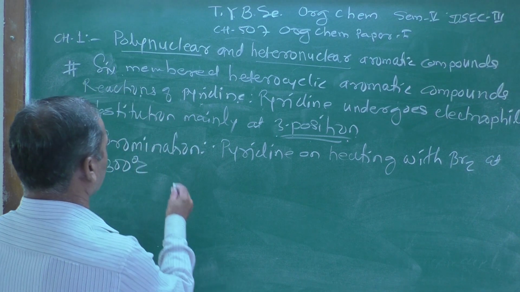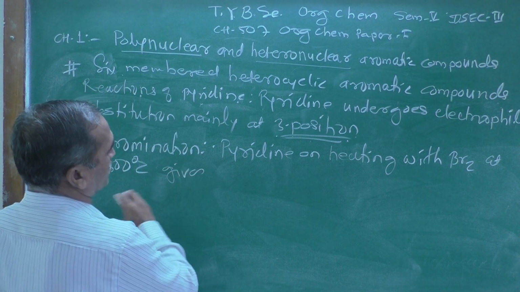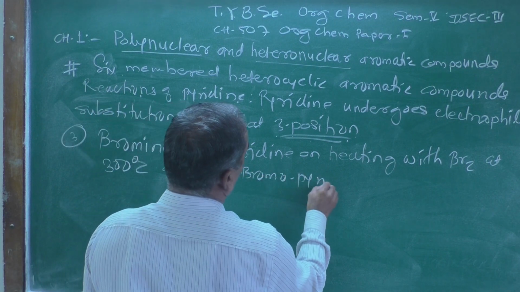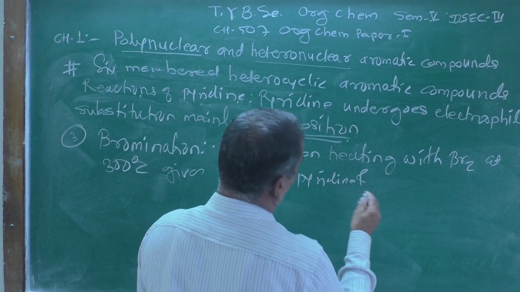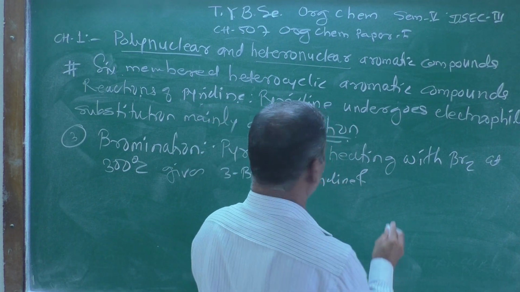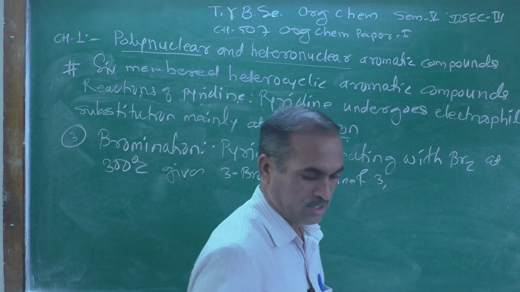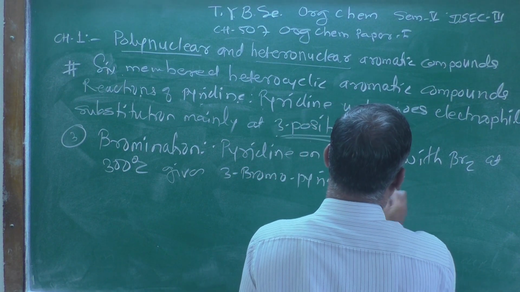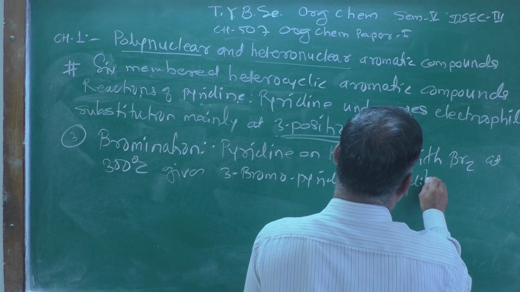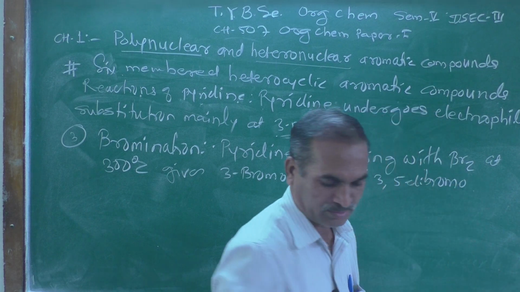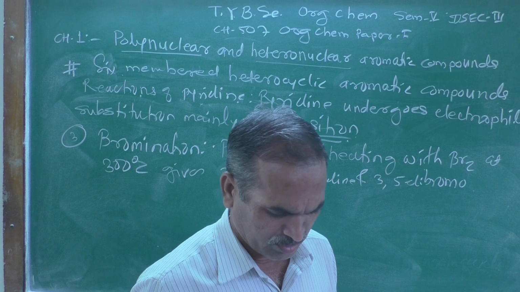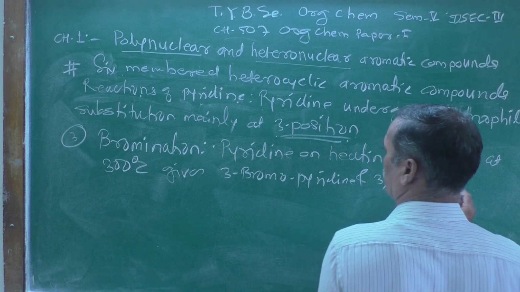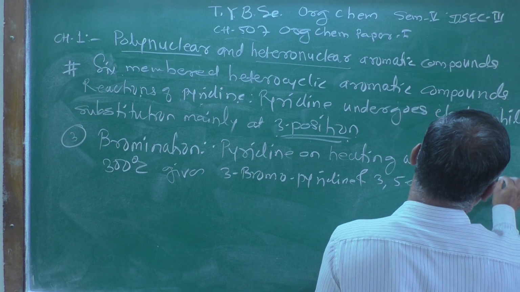Br2 at 300 degrees centigrade gives 3-bromopyridine as well as 3,5-dibromopyridine.